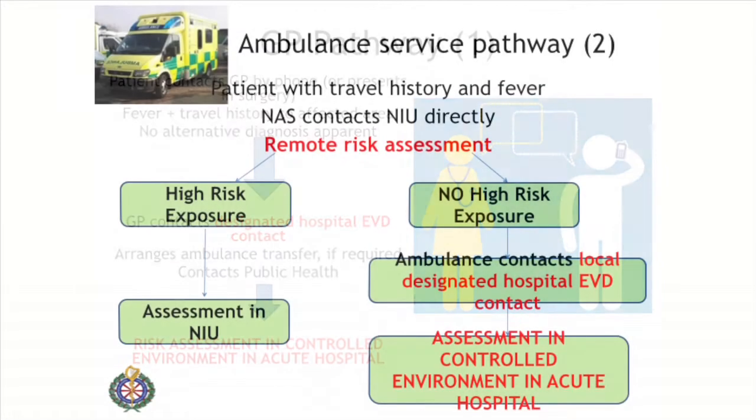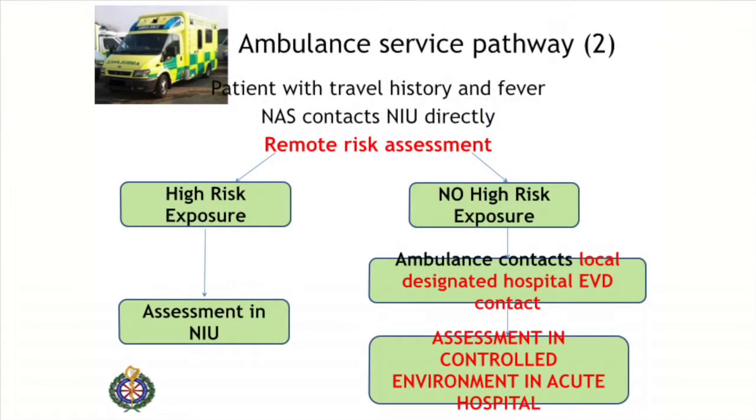The second pathway is the ambulance service pathway. If a patient presents to the ambulance service with a travel history and fever, the National Ambulance Service have an algorithm in place that they can directly contact colleagues in the National Isolation Unit and undertake a remote risk assessment. So the risk assessment is already undertaken by ambulance personnel in conjunction with the NIU before the person ever gets to hospital.